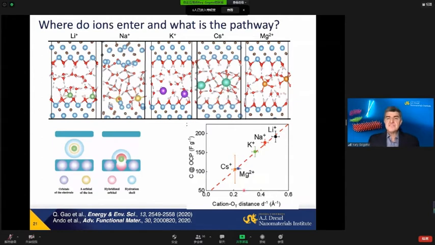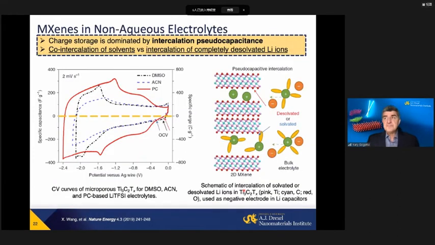So it means that even if you take different ions in aqueous solution, you can get different results. The same things happen in organic electrolyte. This is now lithium TFSI in DMSO, acetonitrile, and propylene carbonate. What we found when we studied this system, the results were very counterintuitive.